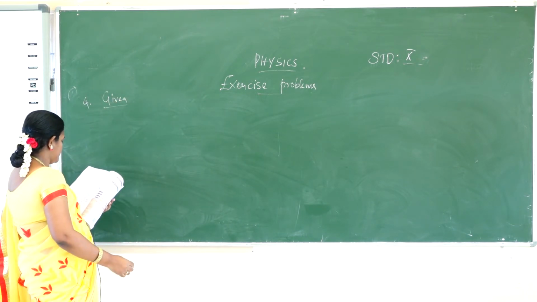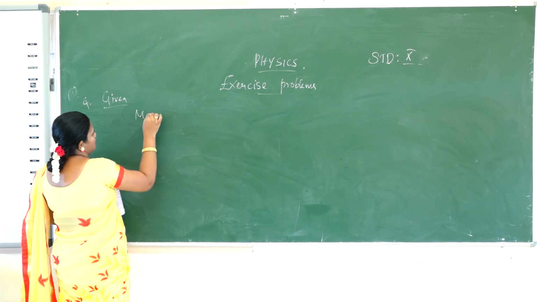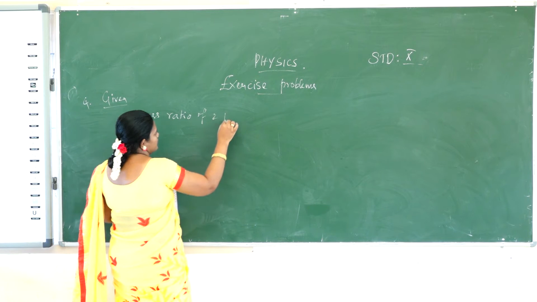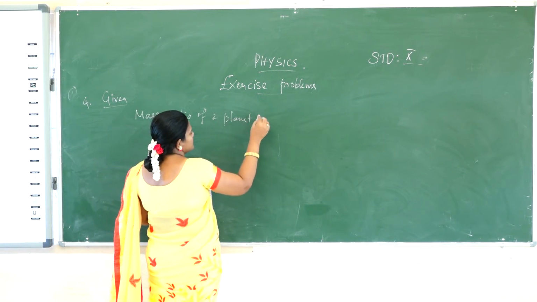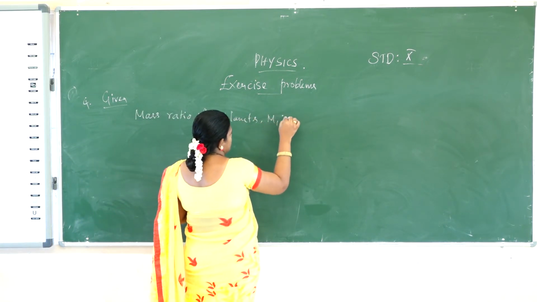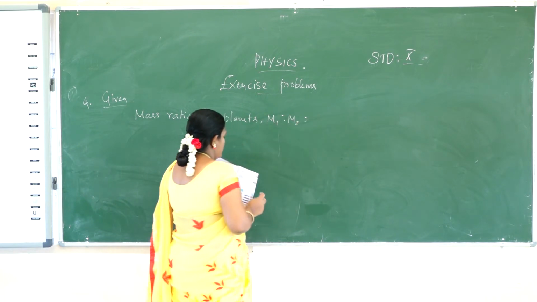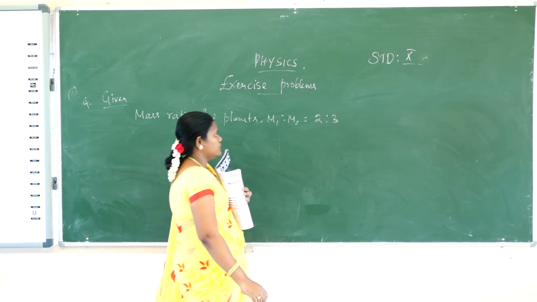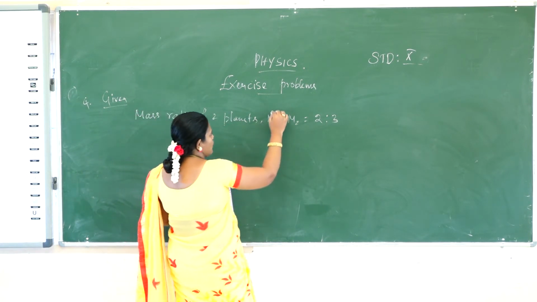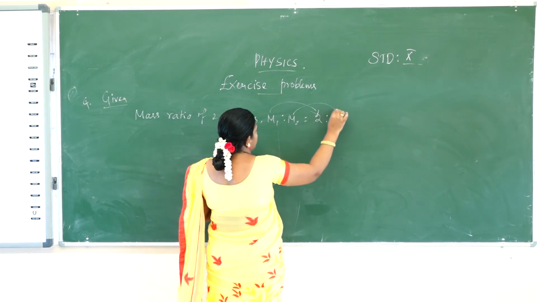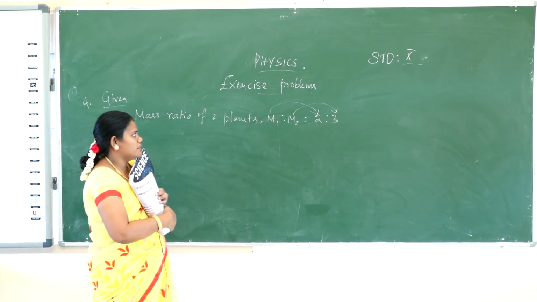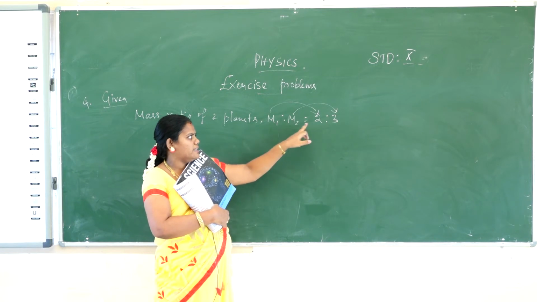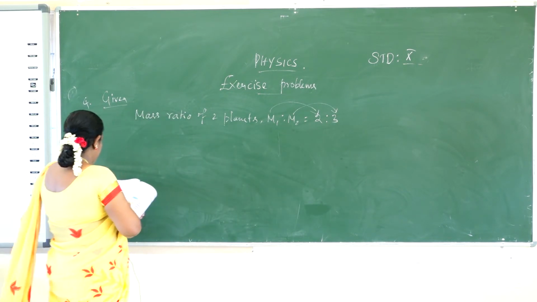The mass ratio of two planets, M1 is to M2, is 2:3. So the mass of the smaller planet is 2 and the mass of the bigger planet is 3, that is 2 kilogram and 3 kilogram.